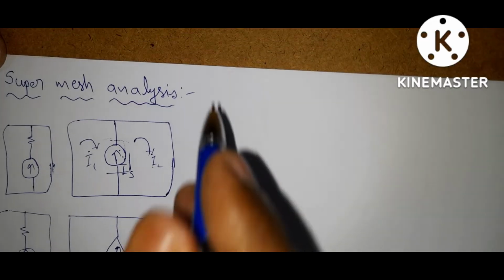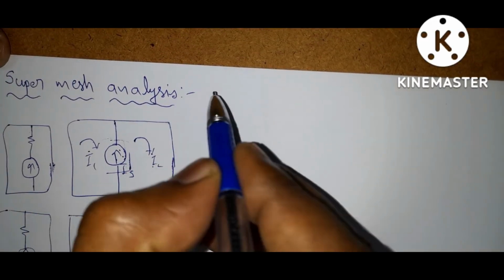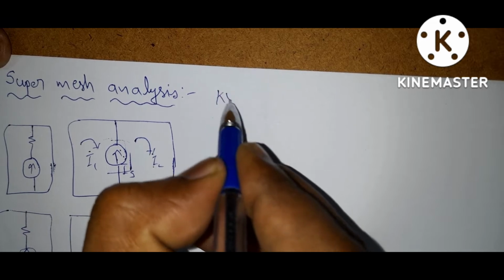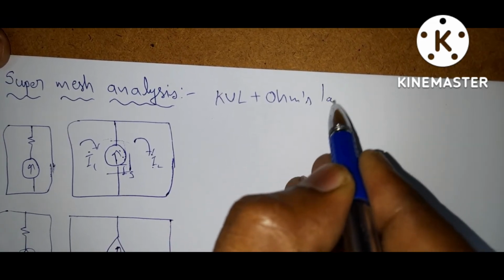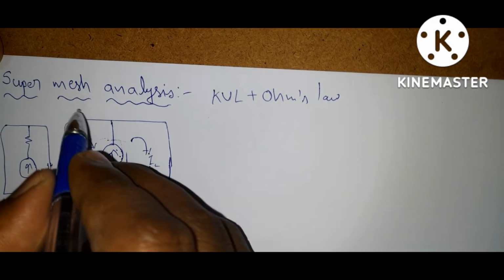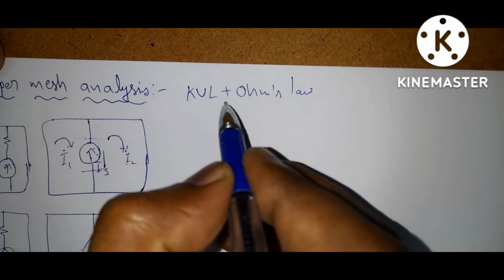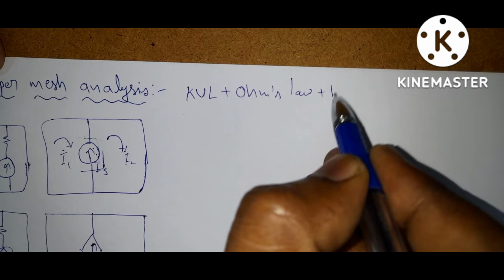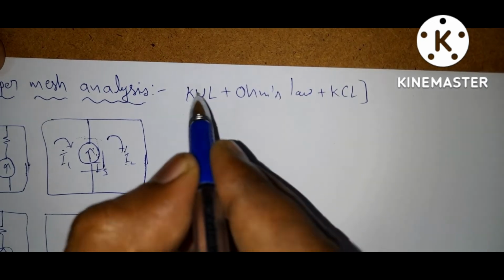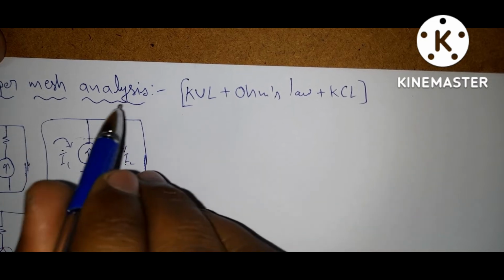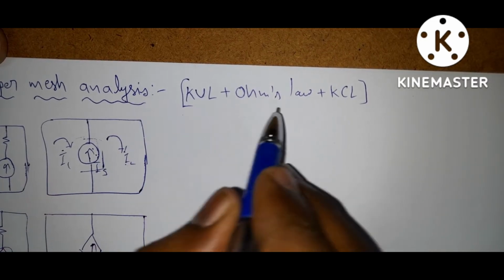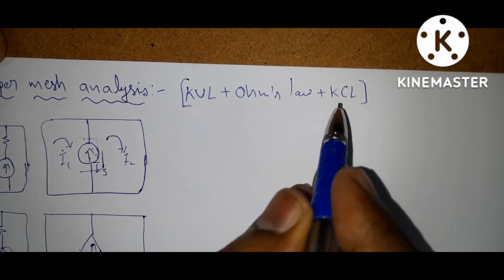Mesh analysis means KVL plus Ohm's law. Supermesh analysis means, in addition to KVL and Ohm's law, we get KCL. So supermesh analysis means KVL plus Ohm's law plus KCL.